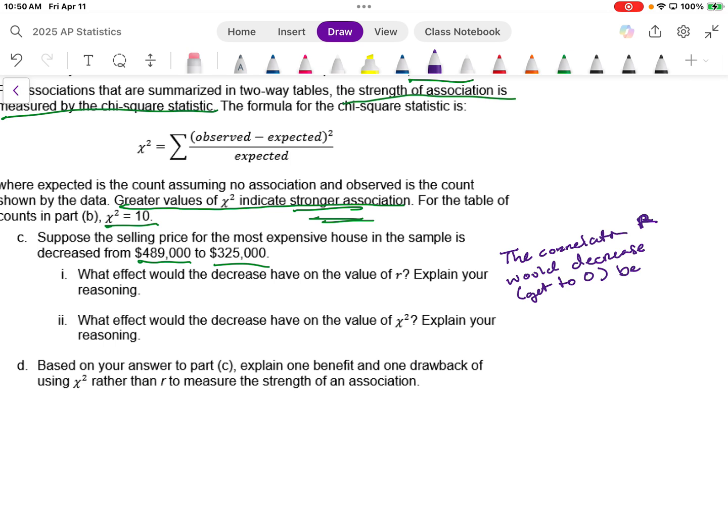Here's our reasoning: because the point would no longer be in the linear pattern of the rest of the data.